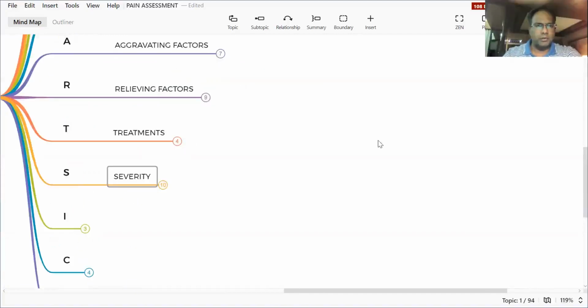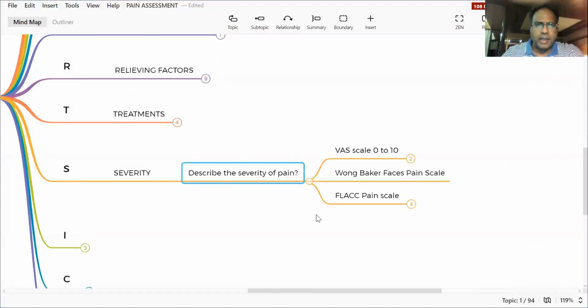Okay, next we go on to severity of pain, in which we have the following pointers. It describes the severity of pain. A very common tool that we use in our clinical practice is the VAS scale, which is a numeric rating scale from 0 to 10.